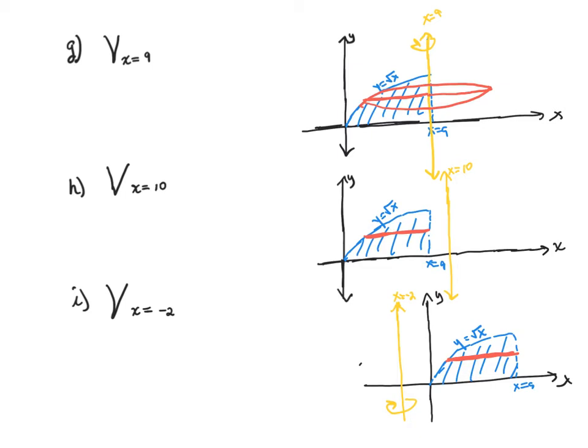The next rectangle, well, there's a gap here, and we'll get a washer. And then in the last one, the gap is to the left of the region, right? So we'll have a gap again on this side because of the symmetry, and our rectangle would be here.